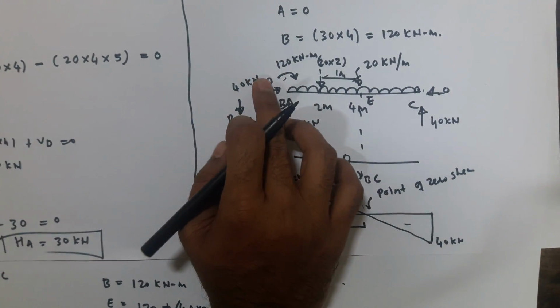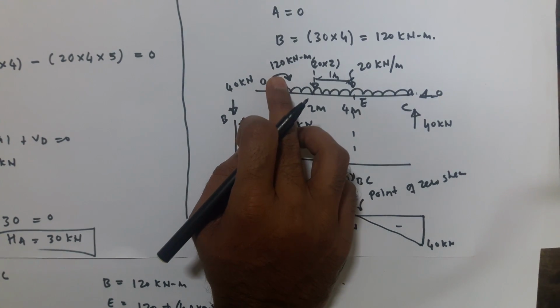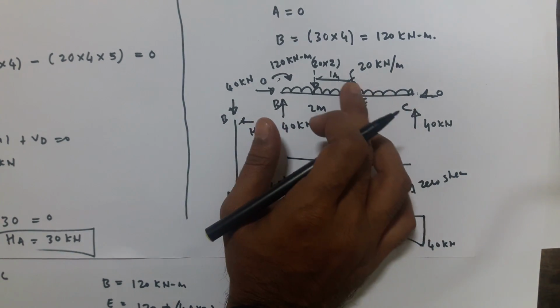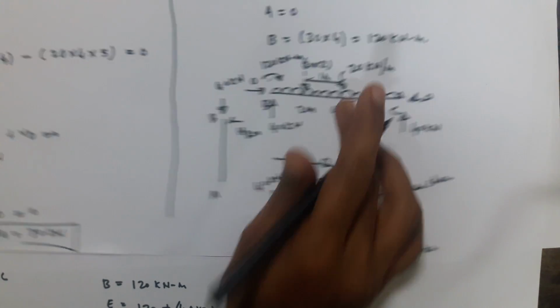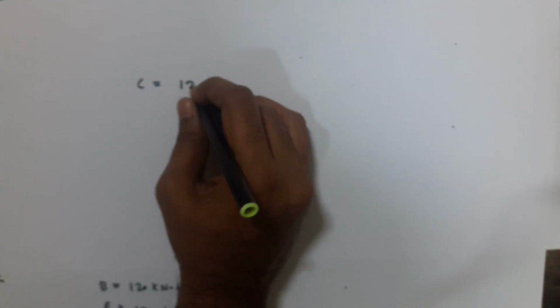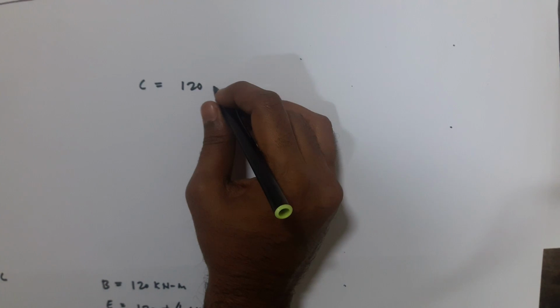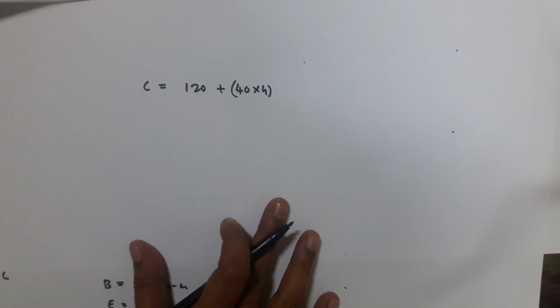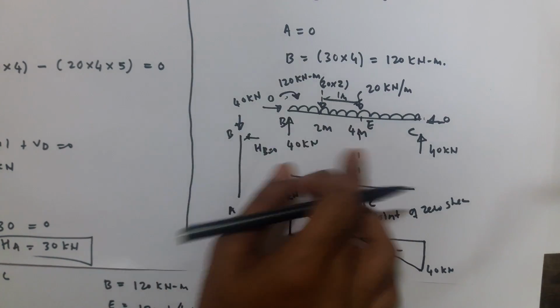So 120 will come, plus 120, 40 into 4, and this UDL will come. So 120 plus 40 into 4. 40 into 4 is creating a clockwise moment.